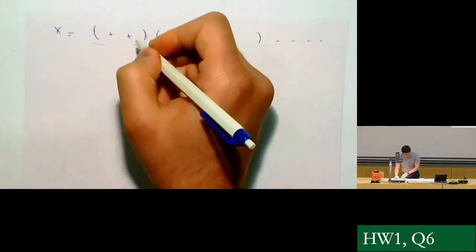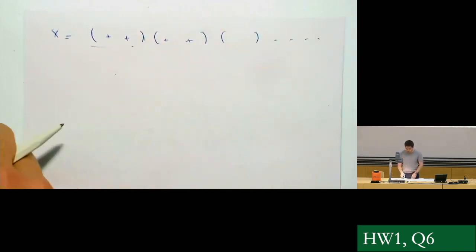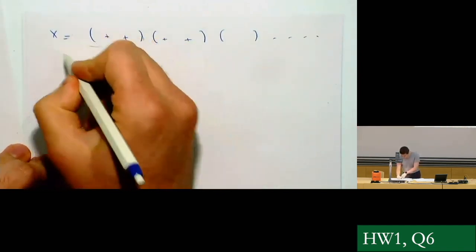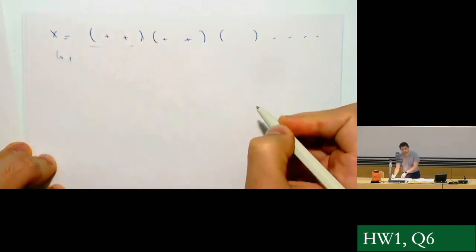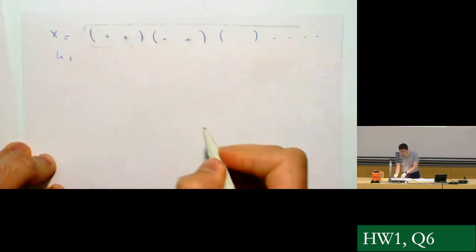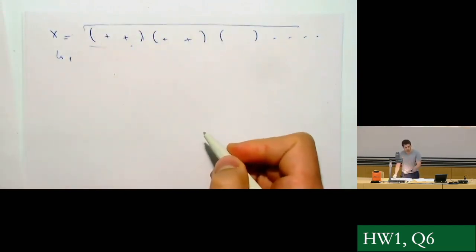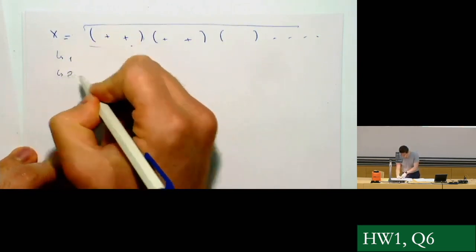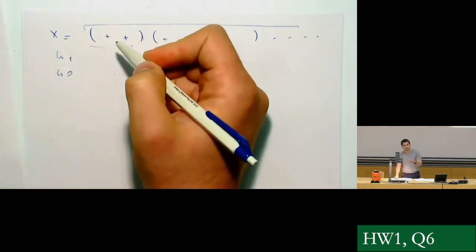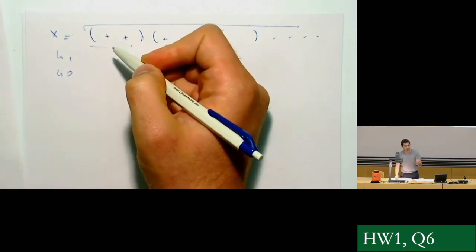So a product of sums says that X will be 1 if all of these terms are 1, or in other words, X will be 0 if one of these terms is 0.